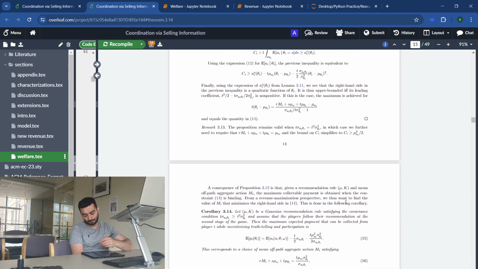So that's it. Actually, we have a corollary of 3.14.